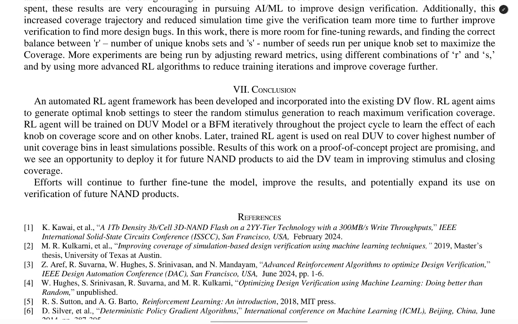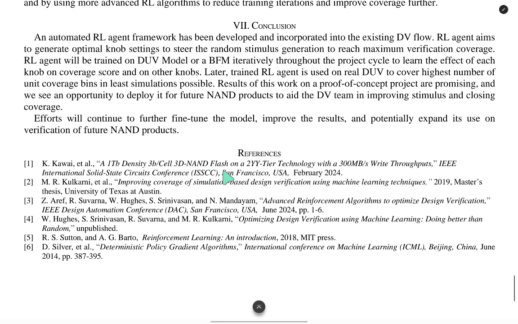Later, the trained RL agent is used on a real DUV to cover the highest number of unique coverage bins in the least simulation possible. Results of this work on the proof of concept project are promising, and we see an opportunity to deploy it for future NAND products to aid the DV team in improving the stimulus and closing the coverage. Efforts will continue to further fine-tune the model, improve the results, and potentially expand its use to verification of future NAND products.